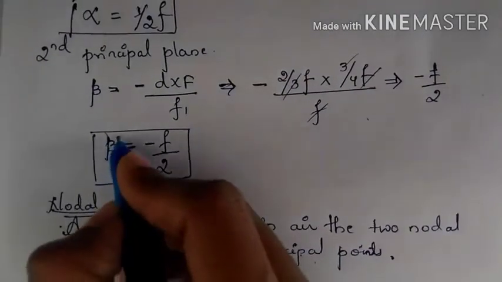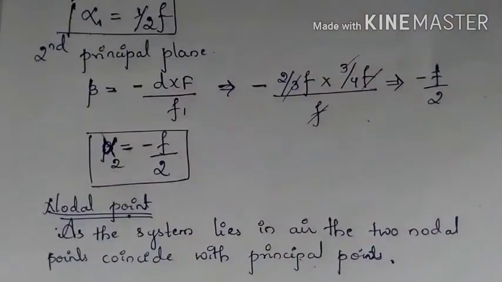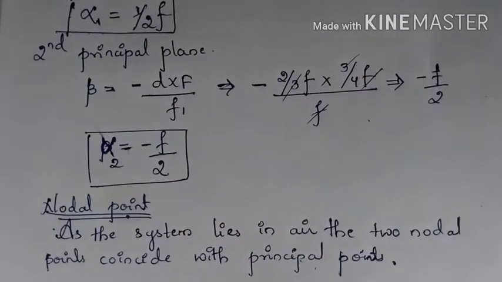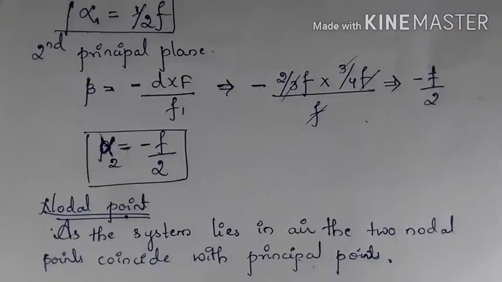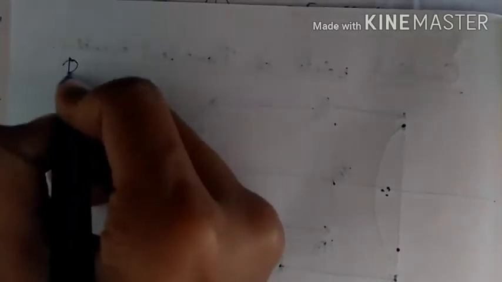So now let us make this as alpha 2, because we also have to find the focal points. So alpha 1 and alpha 2 are the principal points. Next is the focal points. So next is position of focal points.